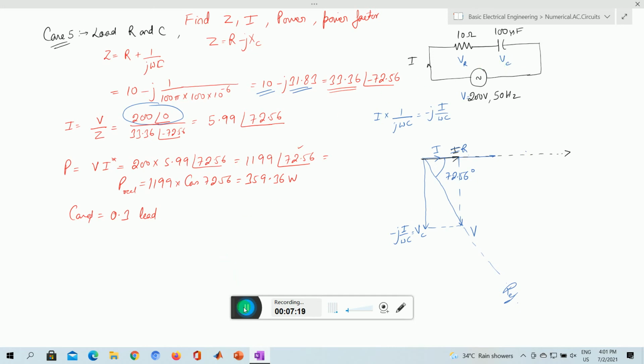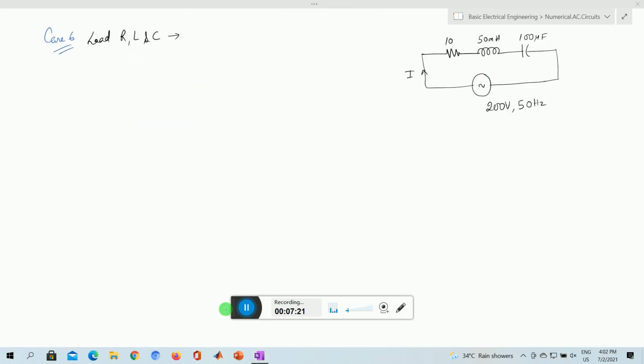Let us see that. Now we have the values of R, L and C here in series and the supply voltage is 200. First we need to find the value of Z, that is R plus jXL minus jXC.